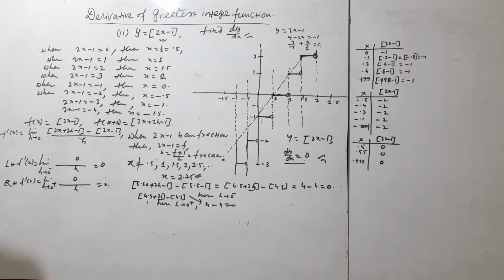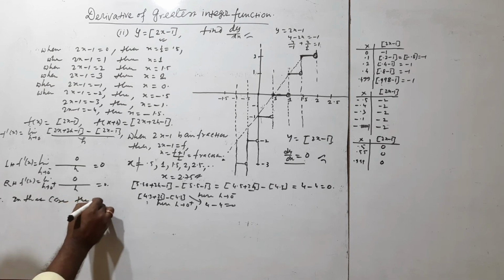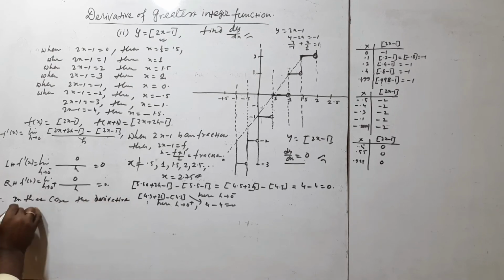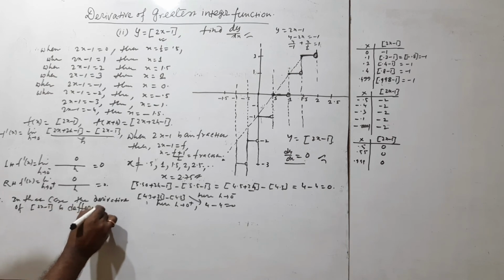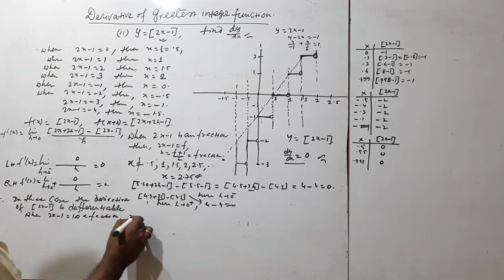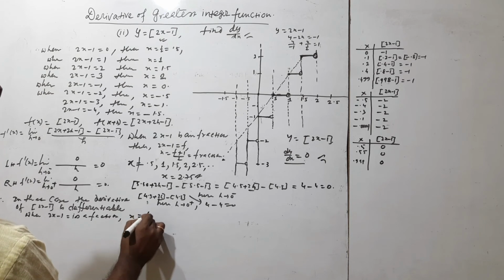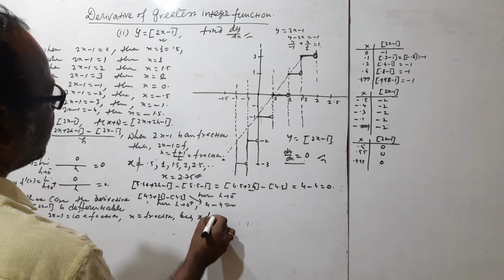Therefore, in that case, the derivative of box twice x minus 1 is differentiable when twice x minus 1 is a fraction and x is equal to a fraction, but x can never be 0.5.